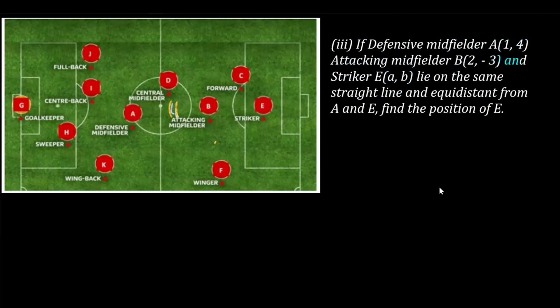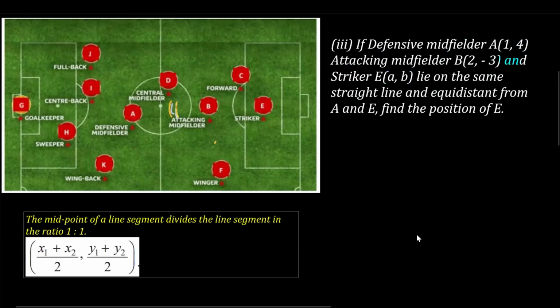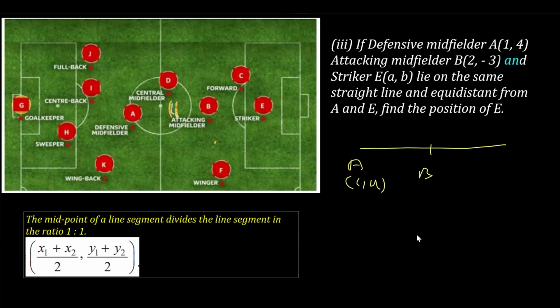So here too we are going to use the midpoint formula, a special case of the section formula. We know that here the ratio is going to be 1:1. Let's say I make a straight line, this is A whose coordinate is (1, 4), and that's B whose coordinate is (2, -3), and E is the point whose coordinates we have to find. So (1 plus x2) over 2 should be equal to the x coordinate, which is 2.